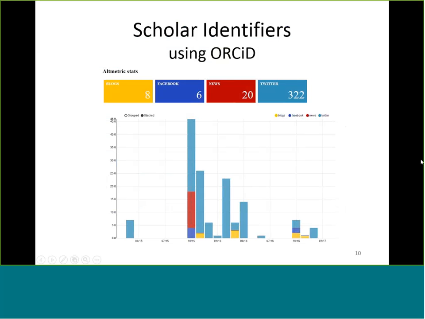You can see that it notes the blogs when you're mentioned, Facebook, news, Twitter. It's quite interesting to follow. And as you can also link to your university, it's a good indication for them of what's happening and what other people see for the university.